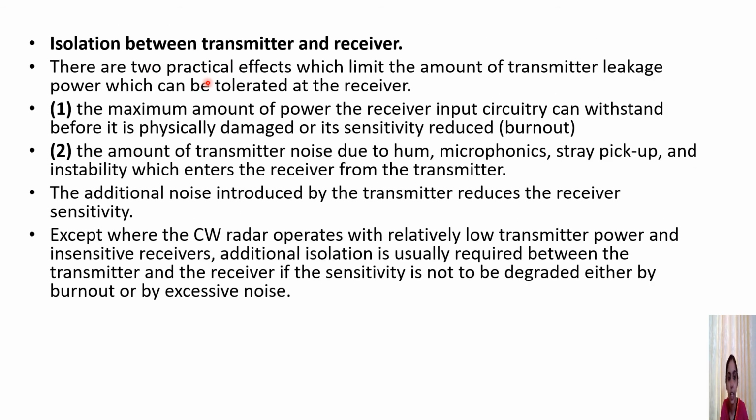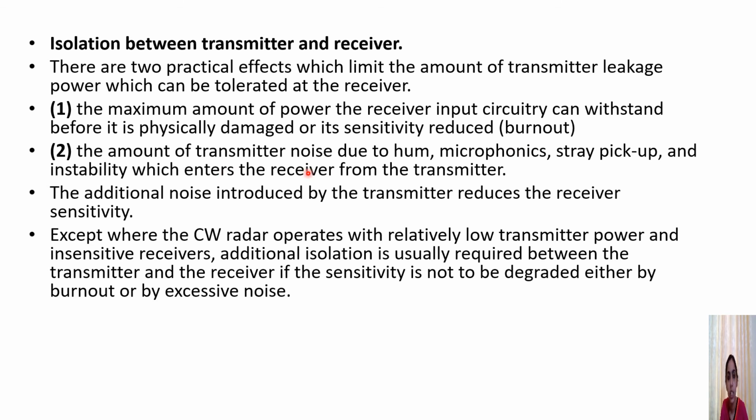Now there are two practical effects we have to consider. First, how much power can be tolerated at the receiver side. There is a maximum amount of power the receiver input circuitry can withstand before it is physically damaged or burns out.